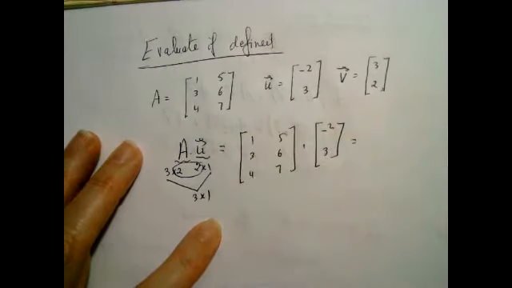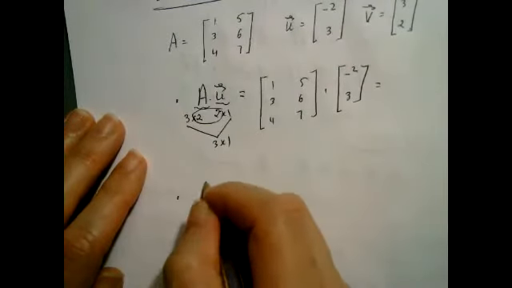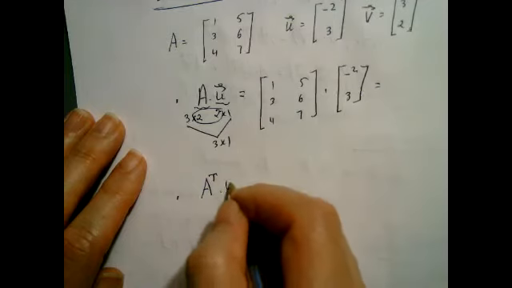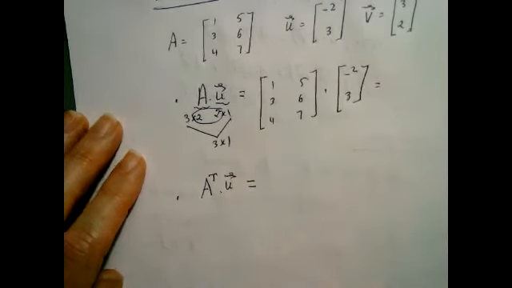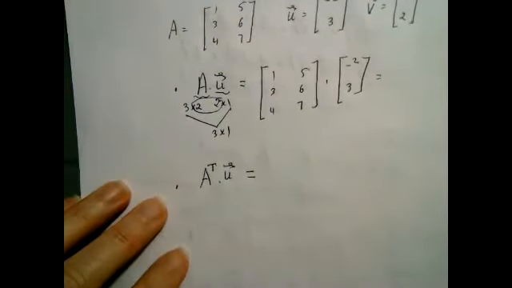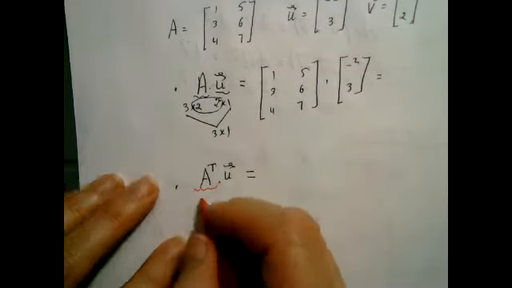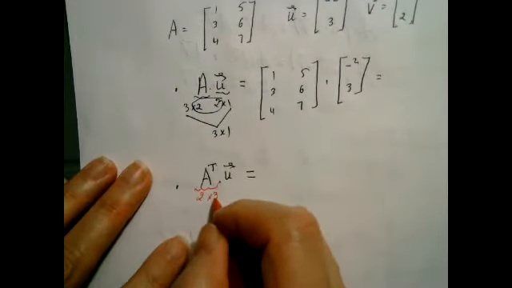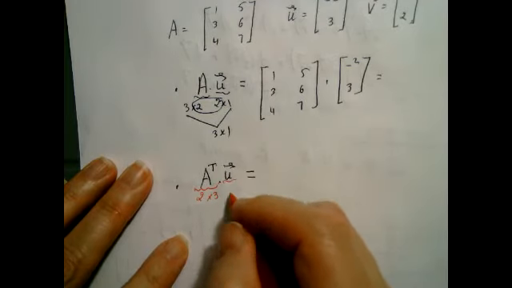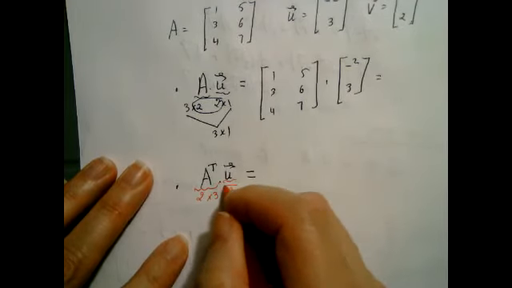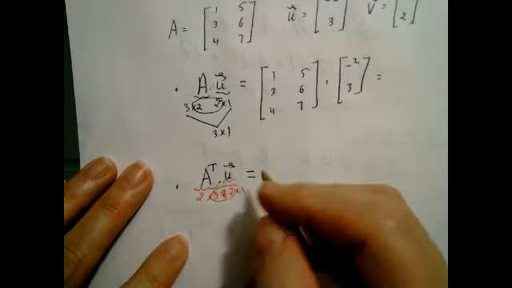Now let's do another one. What about A transpose U? Again, is this defined? A transpose is 2 by 3. U doesn't change, 2 by 1. Those are different from each other, so not defined.